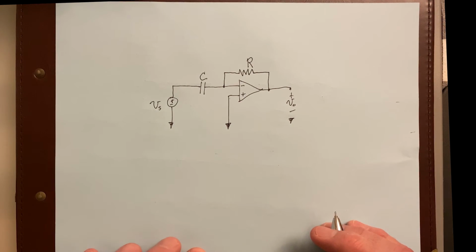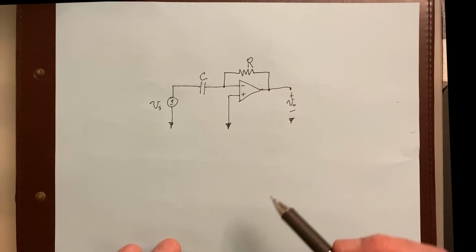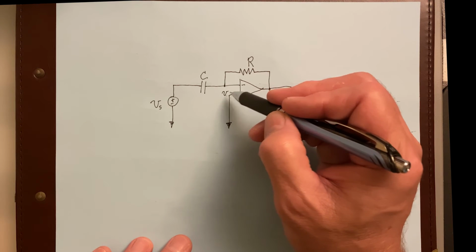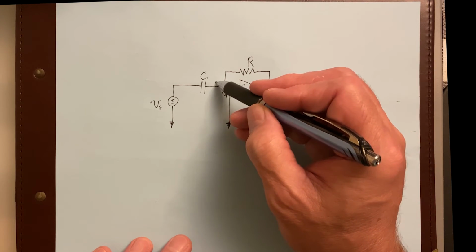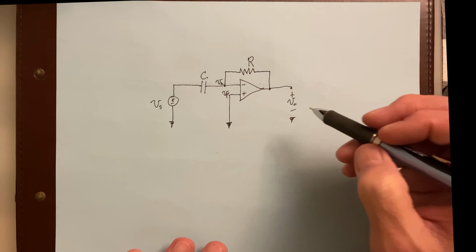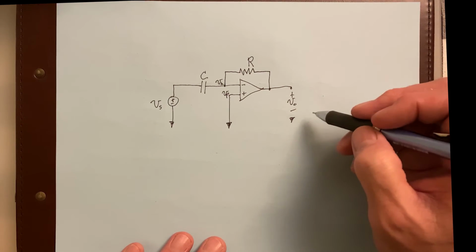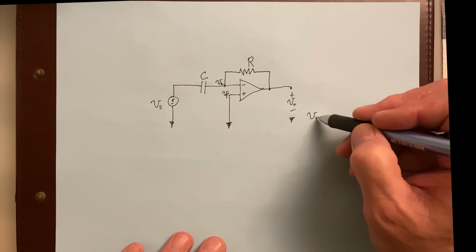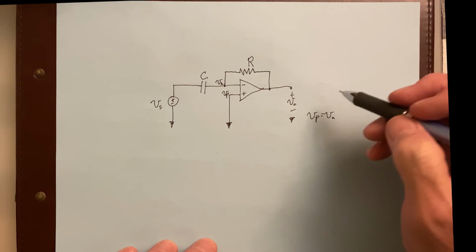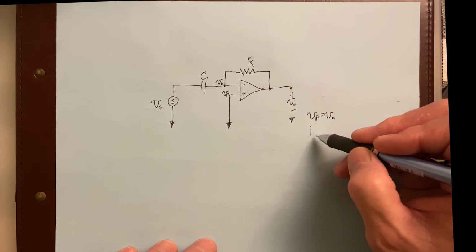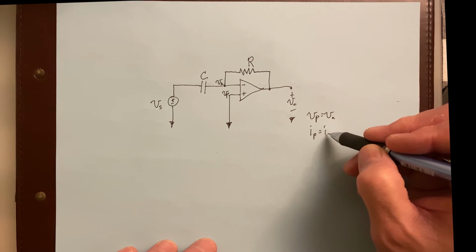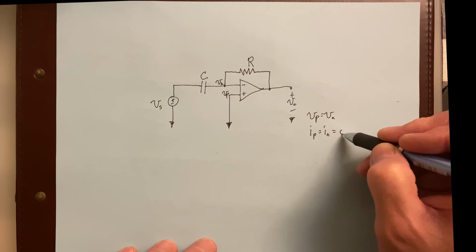Well, based upon the way that we've solved these types of problems before, we would call this V sub P, and this point right here, V sub N. So that would be the voltages of those two nodes. And based upon our ideal op-amp constraints, we would say that V sub P is equal to V sub N. The other ideal op-amp constraint is that current I sub P is also equal to current I sub N, but those are equal to 0.